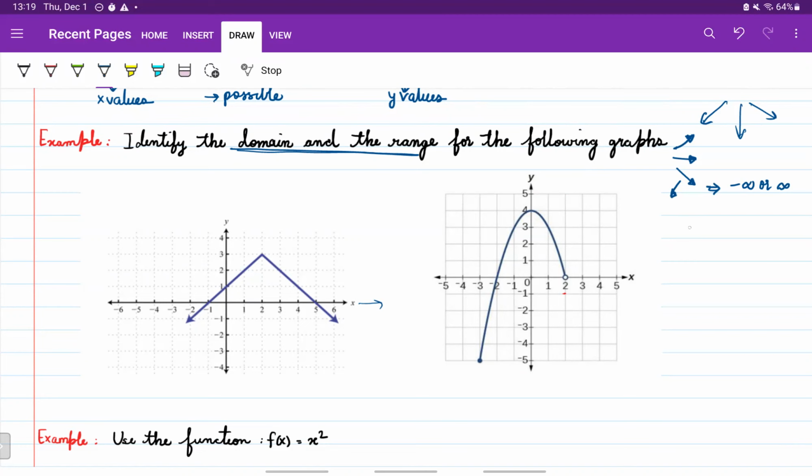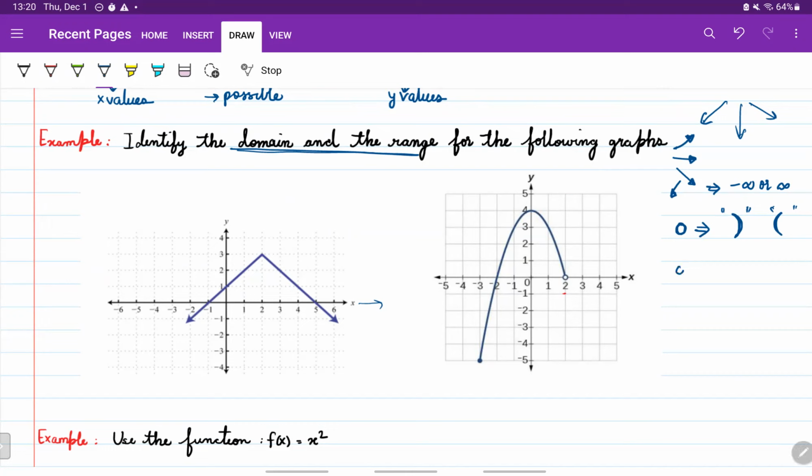One more thing: if you have an open circle, that means that point is not included in your function. So if you're writing it as a range, you use a parenthesis, open or closed depending on whether it's the minimum or the maximum, but you always have a parenthesis.